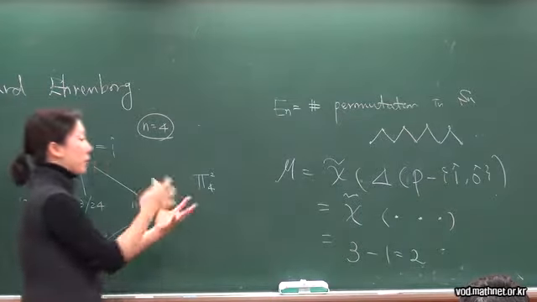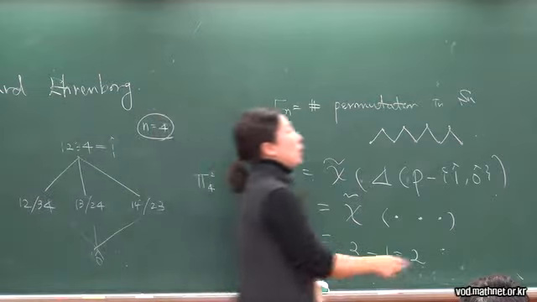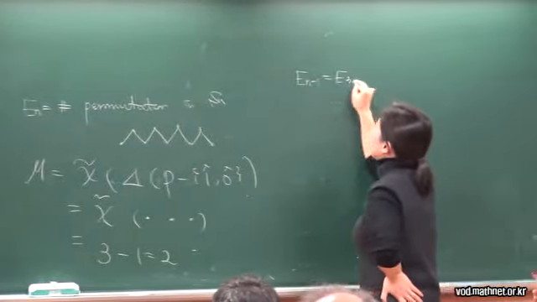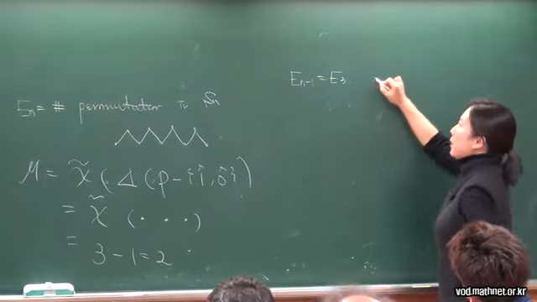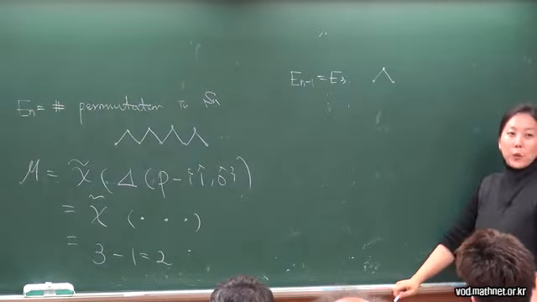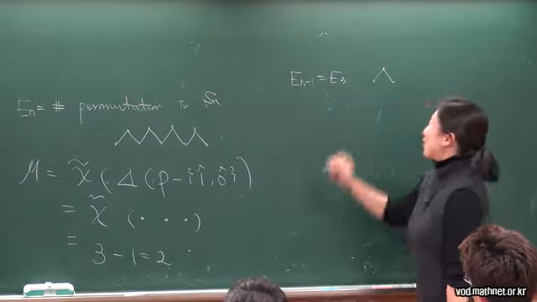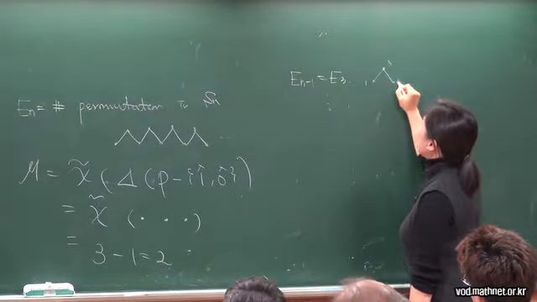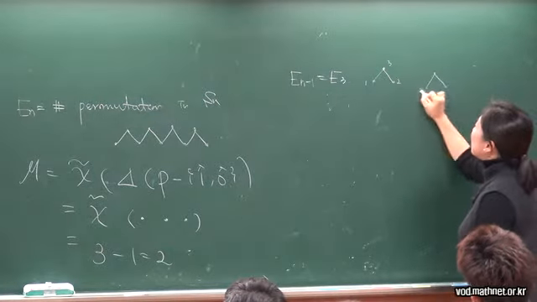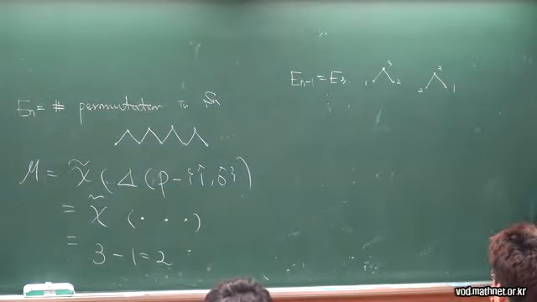So in this case, the Möbius function is 2. And how many permutations do you have with alternating patterns? n minus 1 in this case is 3. So you need the permutations with the patterns increasing and decreasing. Can you guess how many permutations we have? Already you have the answer? 2, right? So 1, 3, 2, increasing and decreasing, and 2, 3, 1, increasing and decreasing. You have only 2 permutations. Okay?